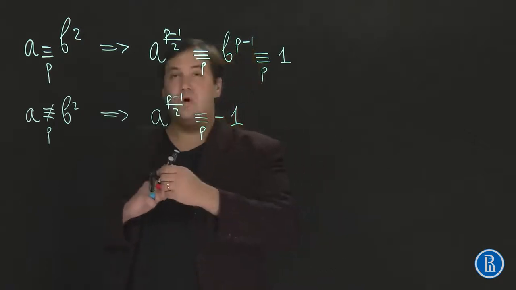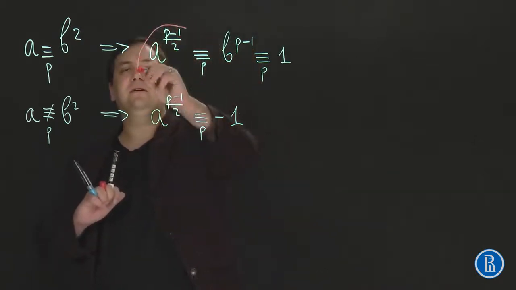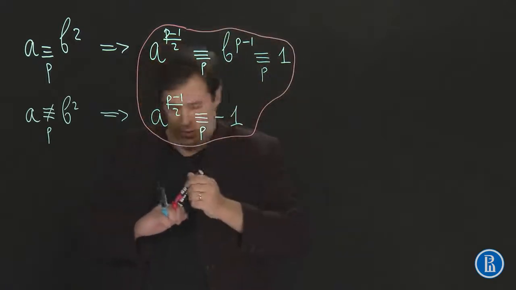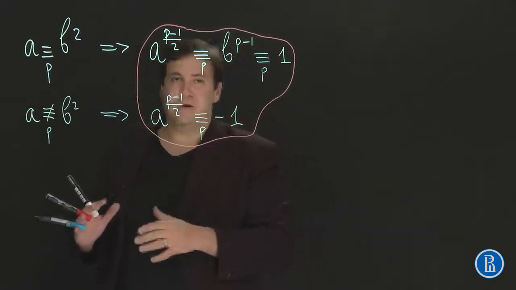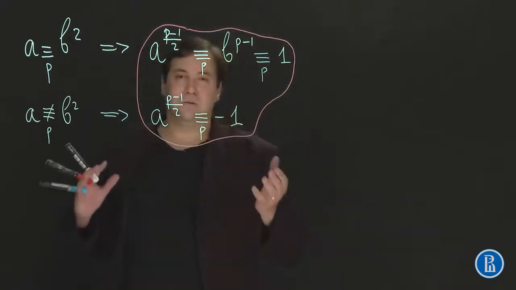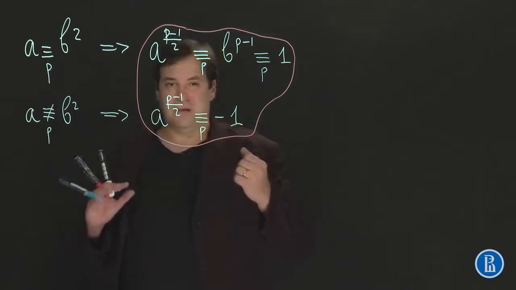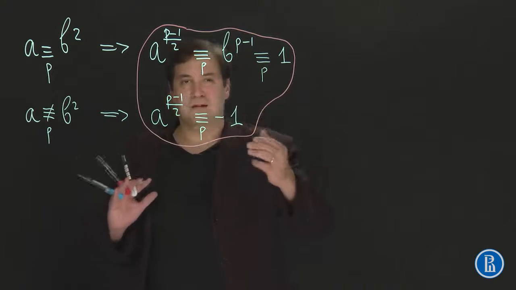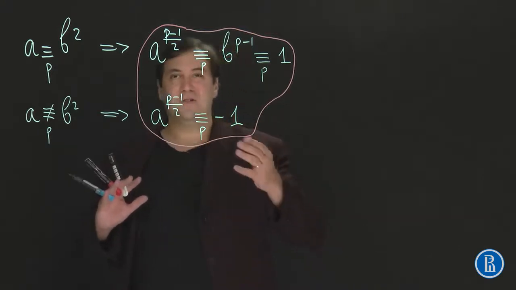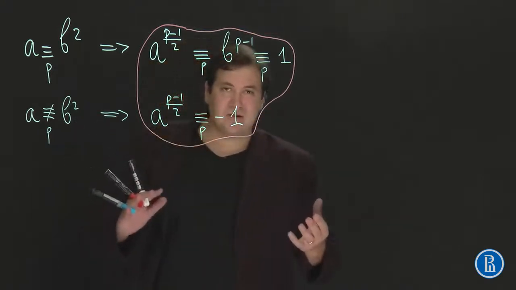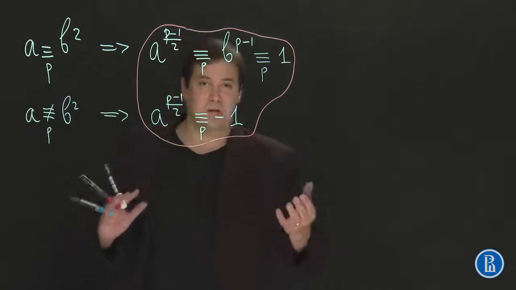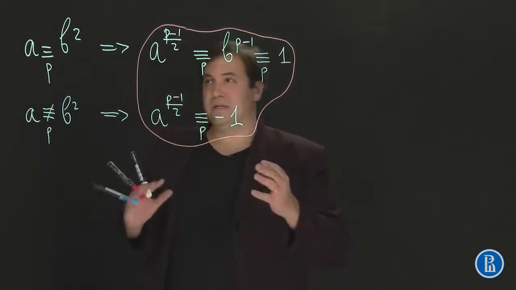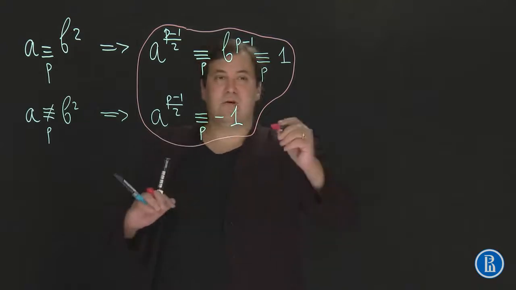And this is Euler's criterion, which says that if you wish to check whether A is a quadratic remainder or not, then you need to raise it to the power (P minus 1) over 2, and you will get either 1 or minus 1 modulo P. In the first case, it will be a quadratic remainder, and in the second case, it will not be a quadratic remainder. Of course, in all this, we assume that A is non-zero.